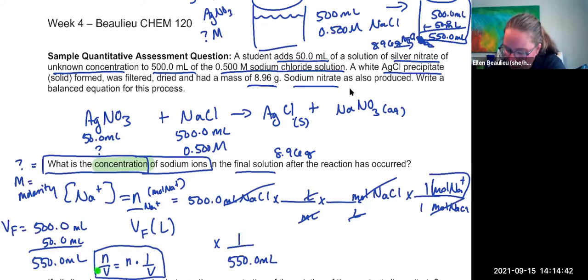Well, it means nothing. It's just me taking this algebraic relationship and separating the terms. I just put it up there as a placeholder, as a way to show that I'm putting that volume in the denominator. But right now I have milliliters in the denominator and I want liters to be in the denominator. So I'm going to do one last metric conversion to get that into liters. So now my tunnel gives me moles of sodium per liter, which is what I want to know.